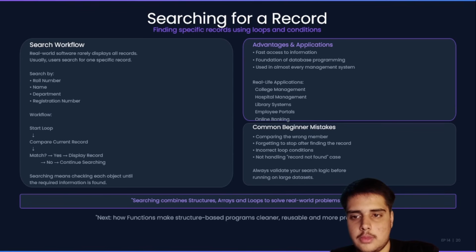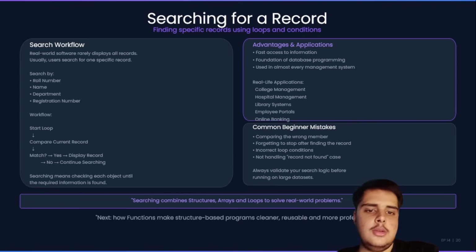It has some advantages like fast access to information, the foundation of database programming, and use in almost every management system. Some real life applications like college management, hospital management, library system, employee portals, online booking, and so on are all examples of it.